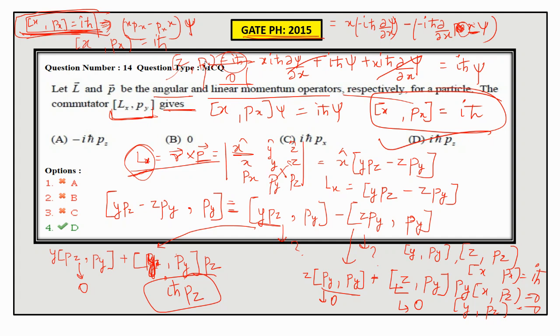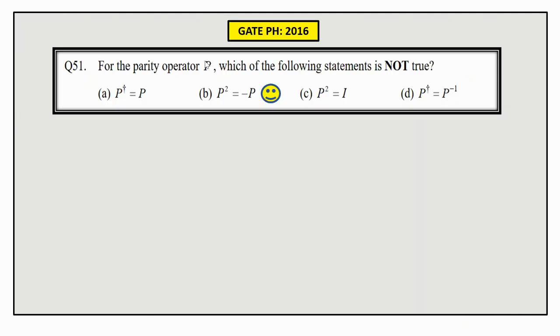So shall I move to the last question? Again, all of you at least give a try to this question and then tell me why the B option is not correct. At least give a try.